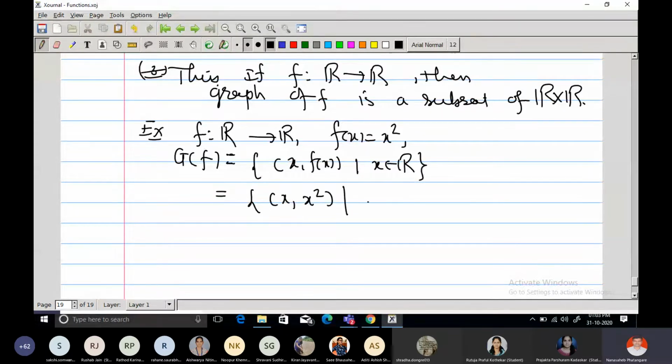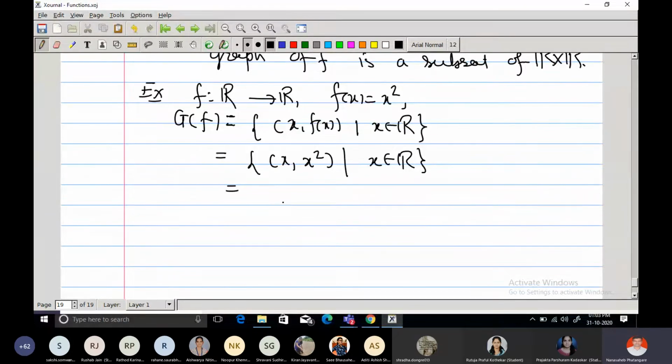So (x, x square), x in R. Or I can write it in an alternative way: (x, y) such that y is equal to f(x), meaning x square, where x is from R.